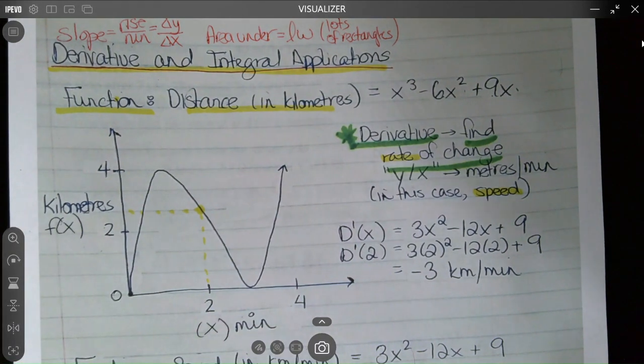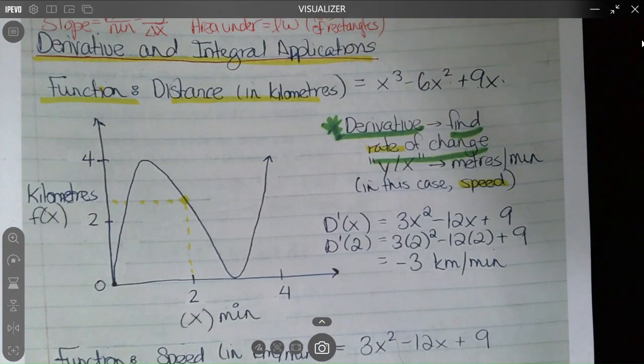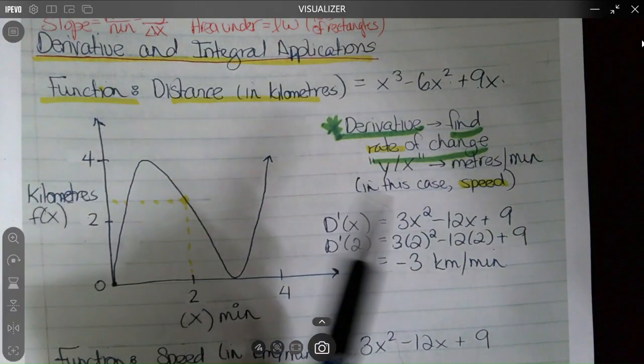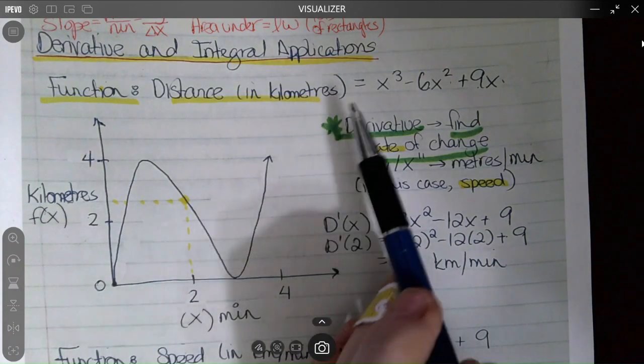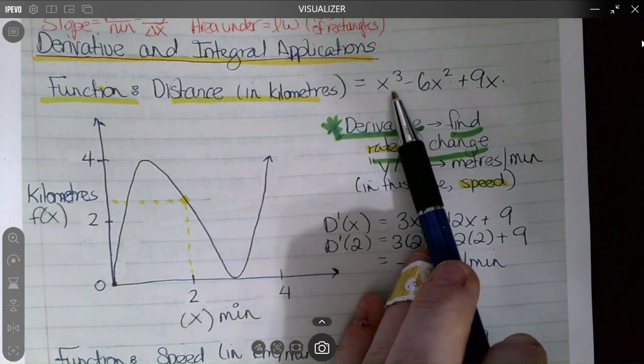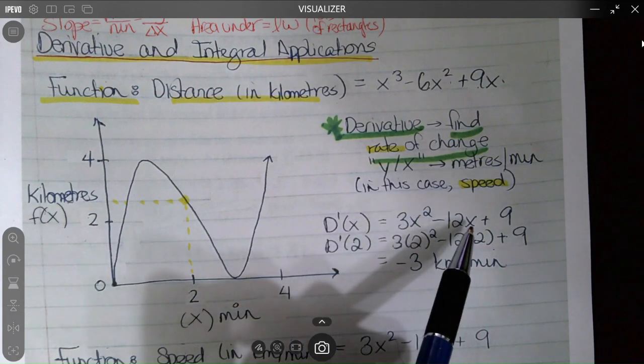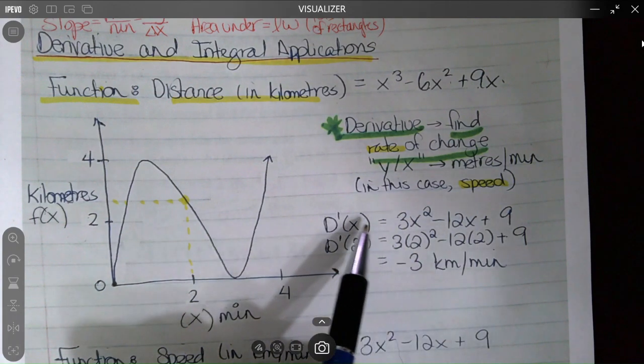So when someone wants to talk about slope, because they're looking for a rate of change, we need a derivative. So if I go back up to here, my distance function, and I start taking the derivative, 3x squared minus 12x plus 9.